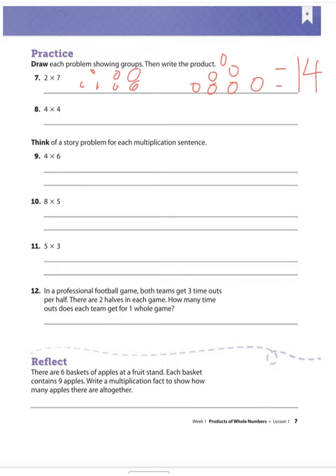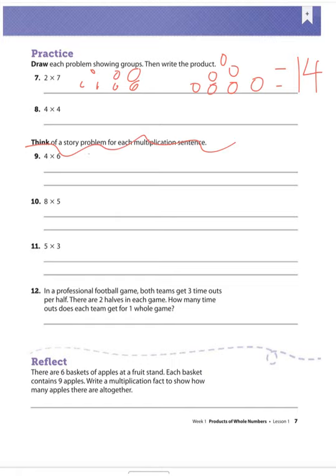We're not going to write out story problems. We can practice making groups again or do that repeated addition. Okay, so number 9, 4 times 6, I'm going to do repeated addition there.